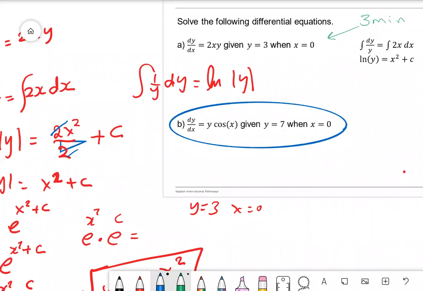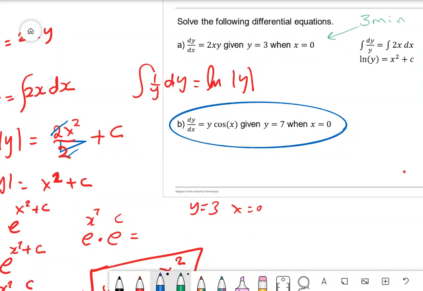So we have y cosine x. This is a mixture between x and y. We need to separate. We have dy over dx. We want the dy and the dx to both be in numerators. So the dy on the left side is on the numerator, that's fine.